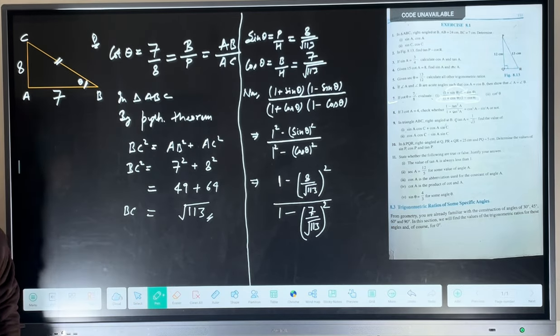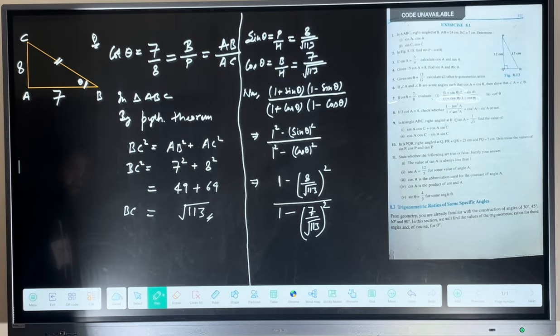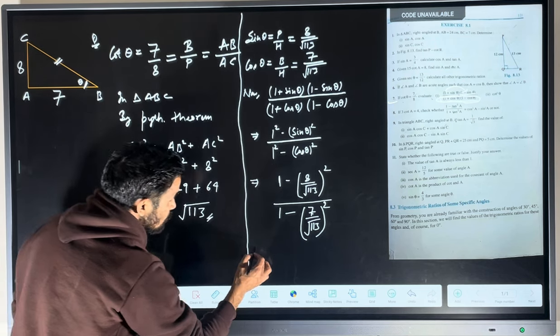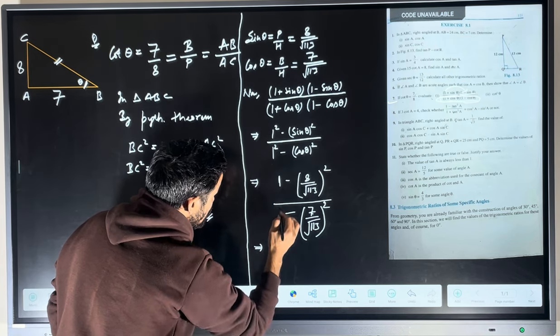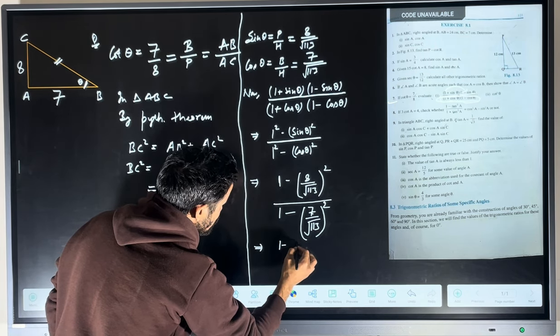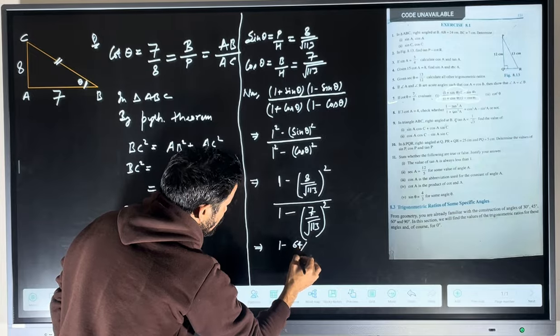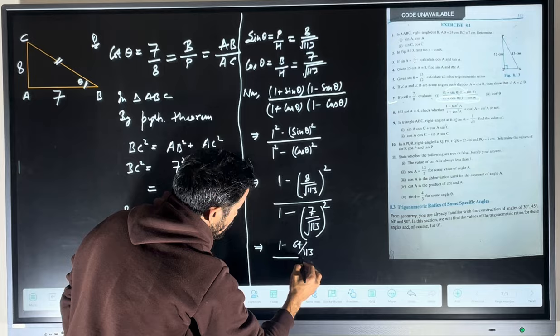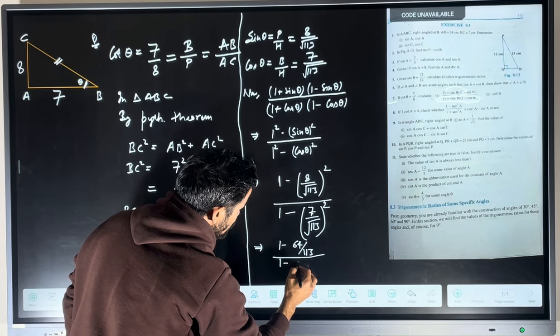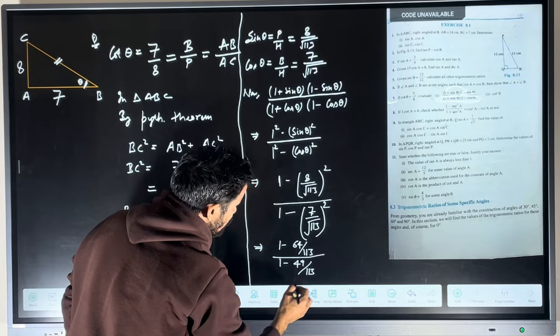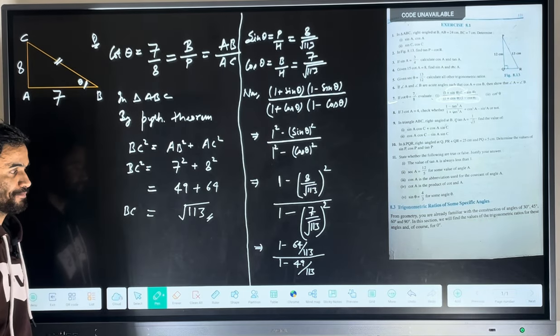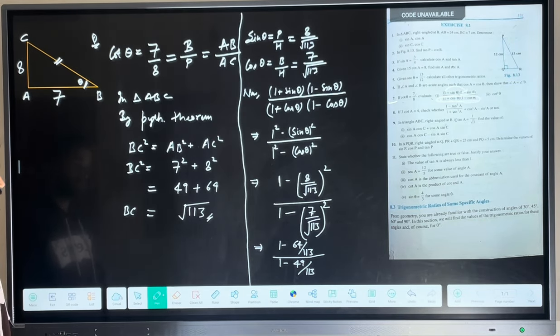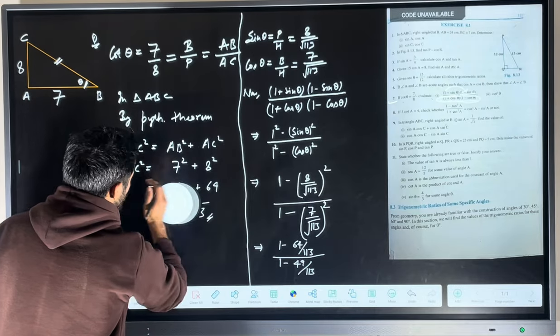Now here it will be 1 minus 64 upon 113, whole upon 1 minus 49 upon 113. Let me solve here.